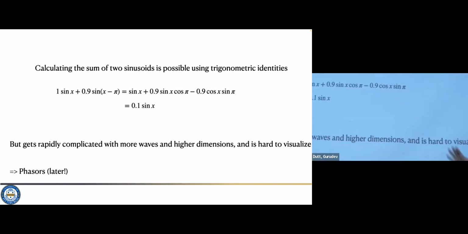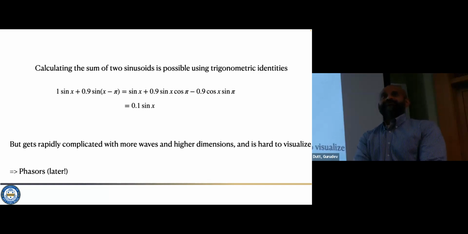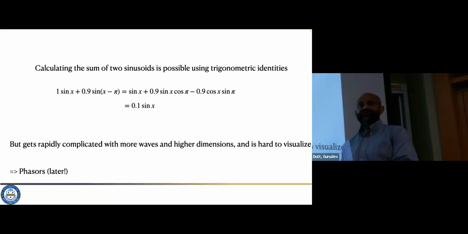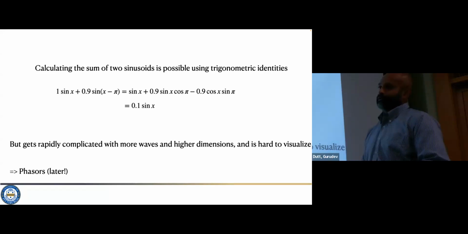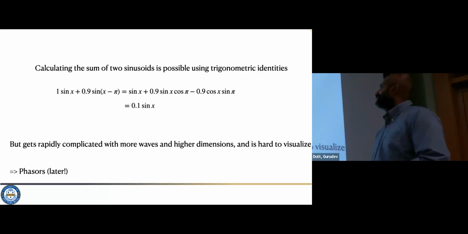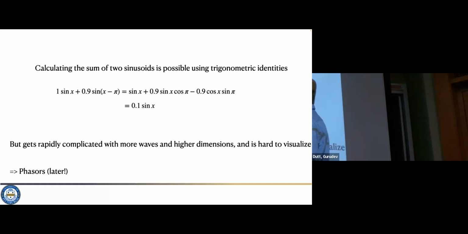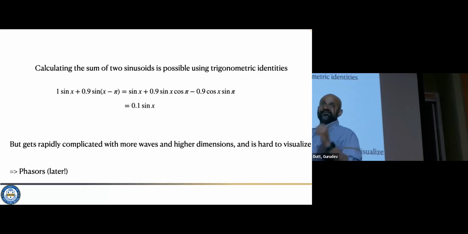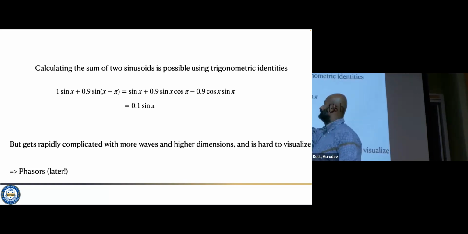In case you don't remember that or you've lost it from a couple years ago, please go back and refresh yourself with some trigonometric identities like that, because we will end up using them fairly often in the class. And you can't always rely on having it right in front of you in an exam or test. Now here, sine pi is 0, cosine pi is minus 1. Again, these are useful things to remember.